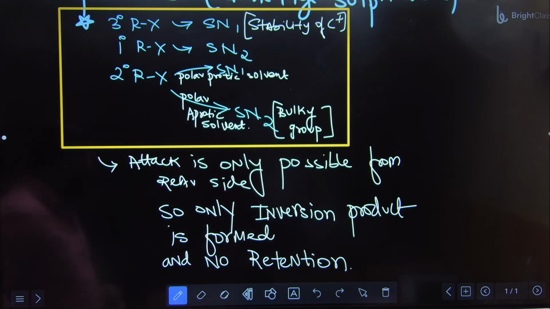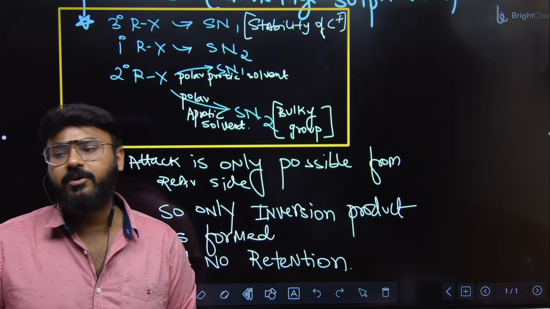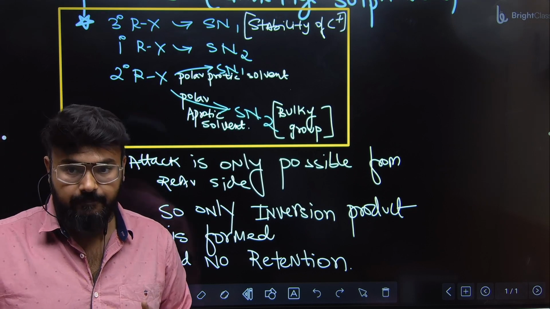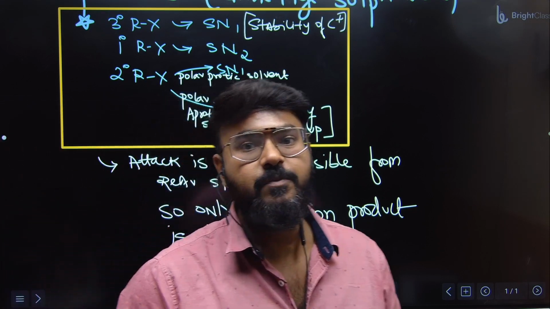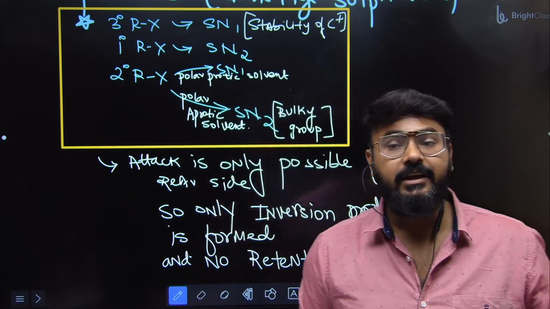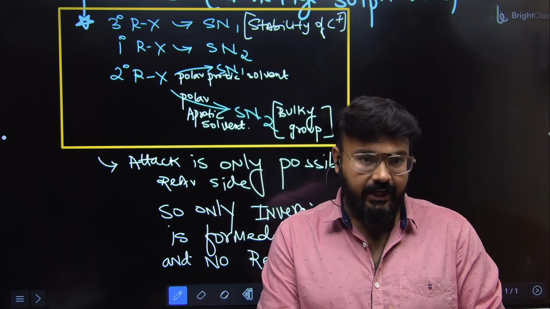I will tell you why this happens. So remember, only rear attack is possible in this case. Okay, you might ask me why. In the previous case, because of polar protic solvent, we broke the bond and we captured the nucleophile. This time, we are not capturing it, only breaking is happening.